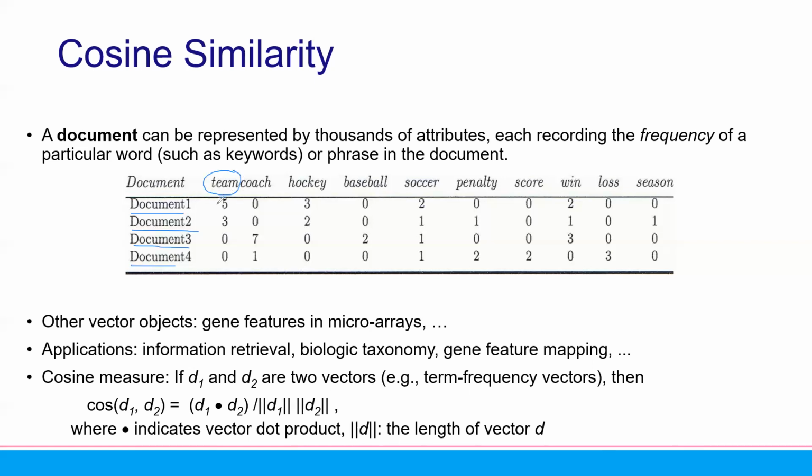In document 1, the word theme appears 5 times. In document 2 there are 3, and so on. Using this information, we want to measure the cosine similarity. I think I will stop here for the quiz.